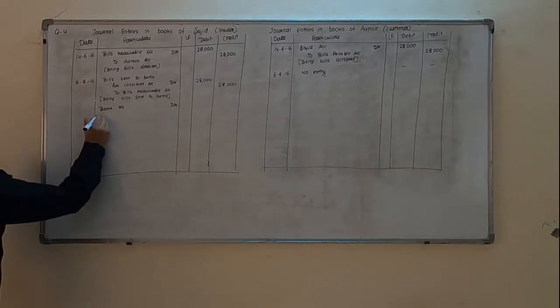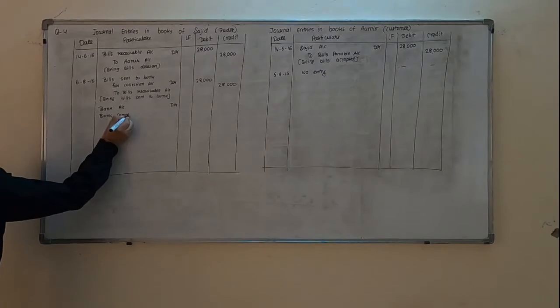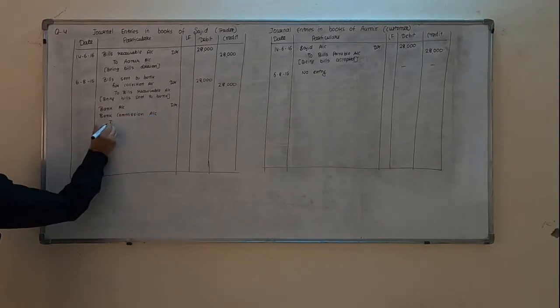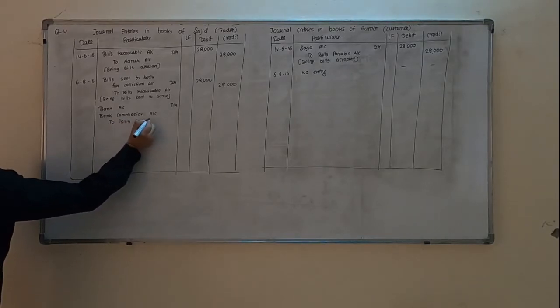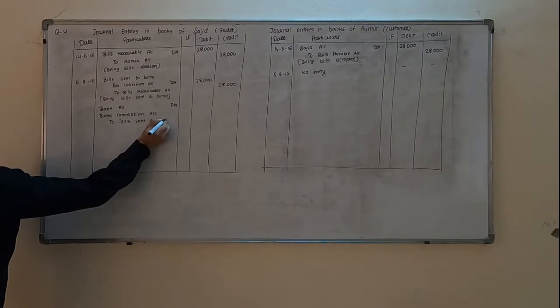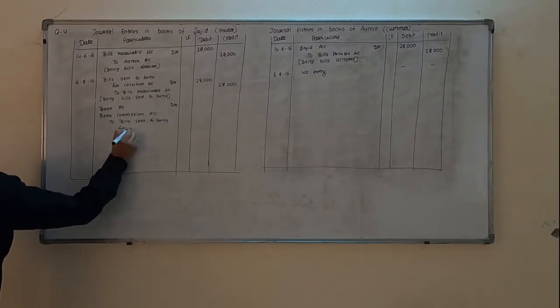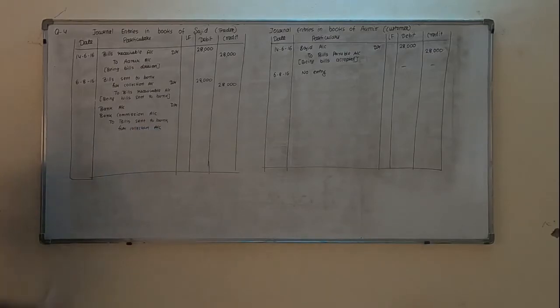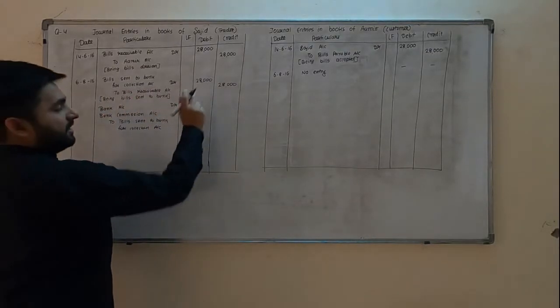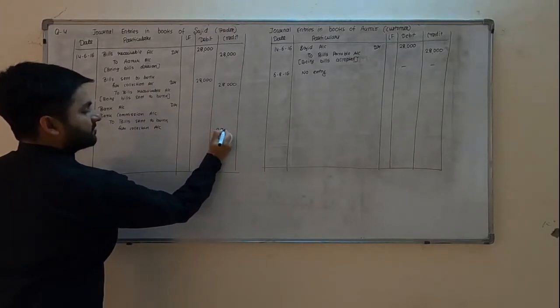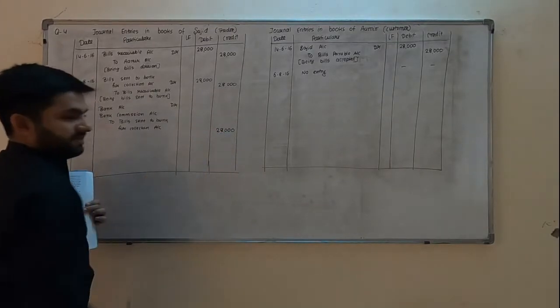Bank account debit, bank commission account debit to bills sent to bank for collection account. Now friends, how to write the amount? See, bills sent to bank for collection was debited with 28,000, so here it will be credited with 28,000.